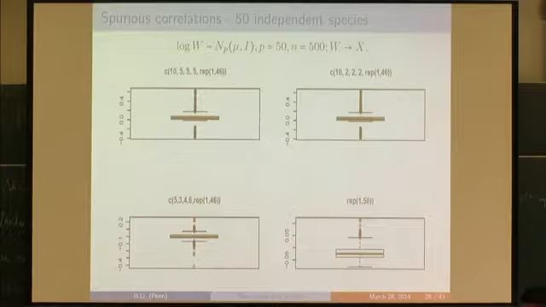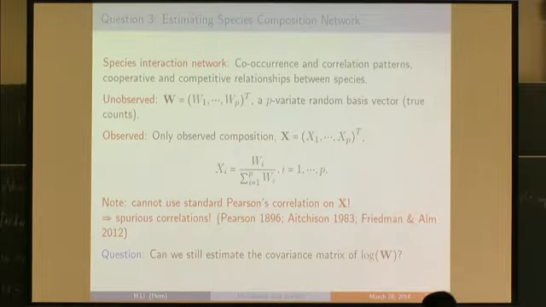The reason is very simple: if you increase the abundance of a very abundant one, the less abundant ones will decrease. They all decrease, creating false positive correlation. And this is why you see a lot of spurious positive correlations. So the point I want to make is that sometimes, not always, you cannot simply calculate the standard correlation based on the compositional data.